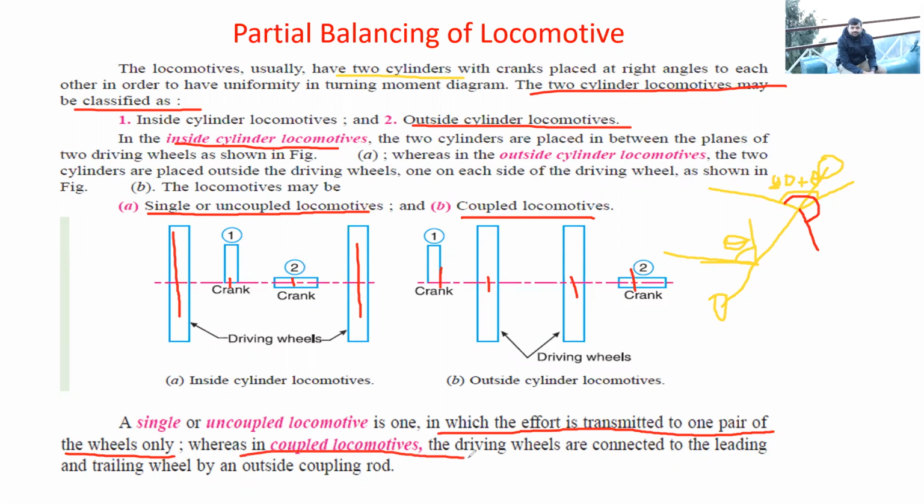Whereas in a coupled locomotive, the driving wheels are connected to the leading and trailing wheels by an outside coupling rod. So a coupling rod is attached to the wheels in order to give the driving force to both the wheels. Okay, that is leading and trailing wheels both.